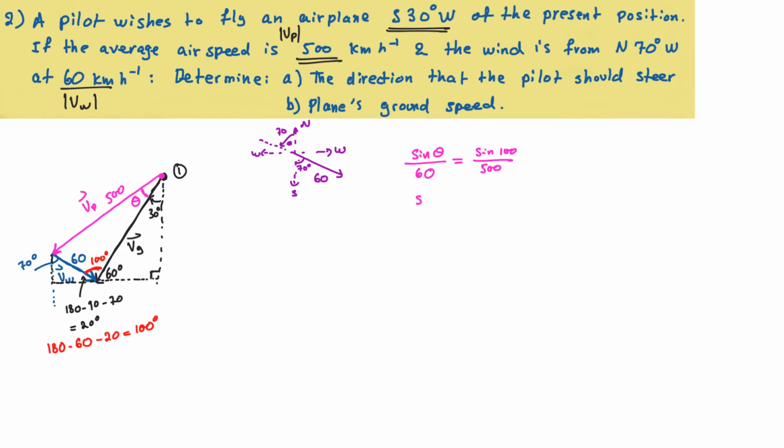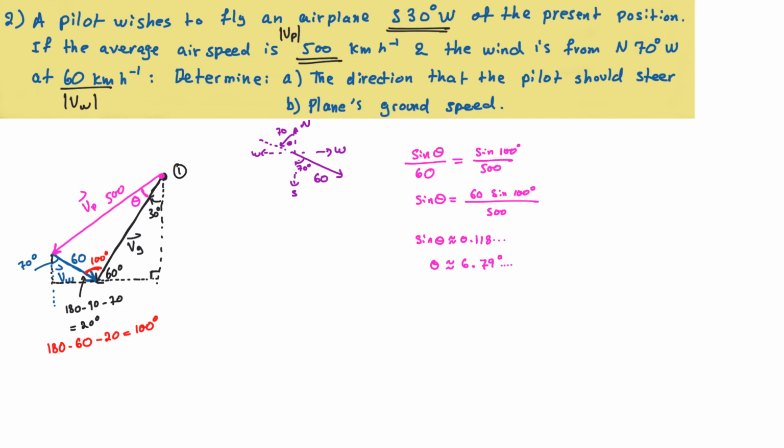I'm going to rearrange: sine theta is equal to 60 times sine of 100 degrees divided by 500, and I will get sine of theta is approximately equal to 0.118, and therefore theta, taking the inverse sine, will be approximately 6.79 degrees. And I will keep the exact value and use it for my other questions.